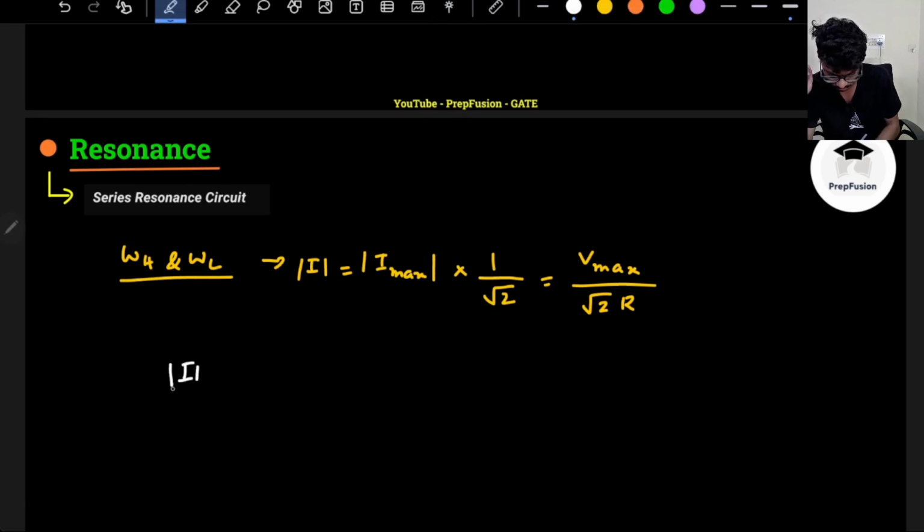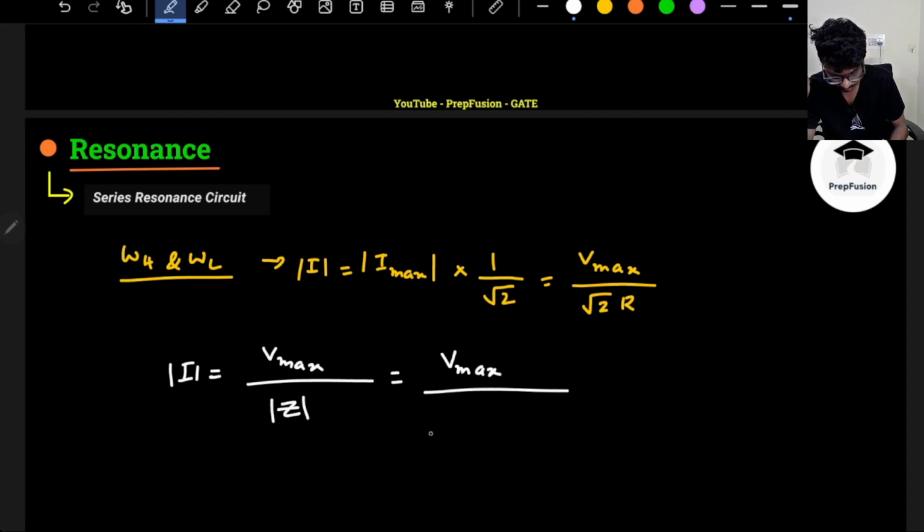Ultimately it is equal to Vmax divided by the magnitude of impedance, correct? So it is Vmax divided by under root R square plus omega L minus 1 by omega C whole square.